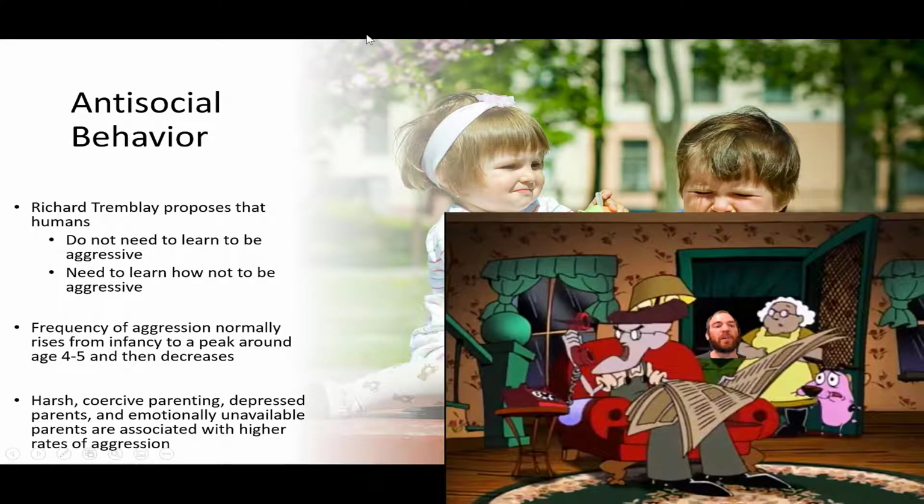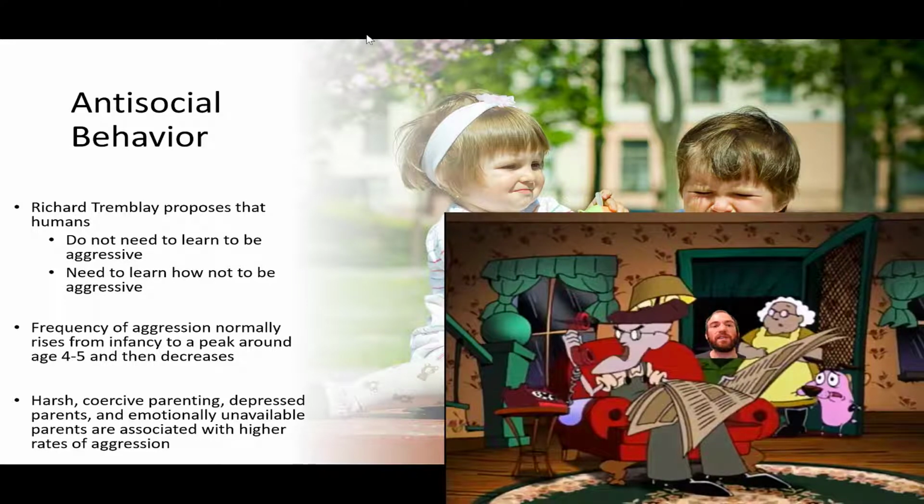Some researchers, however, argue that humans do not need to learn to be aggressive. They need to learn how not to be aggressive. The frequency of aggression normally rises from infancy to a peak around age 4 and 5 and then decreases. Harsh, coercive parenting, depressed parents, and emotionally unavailable parents are associated with higher rates of aggression.